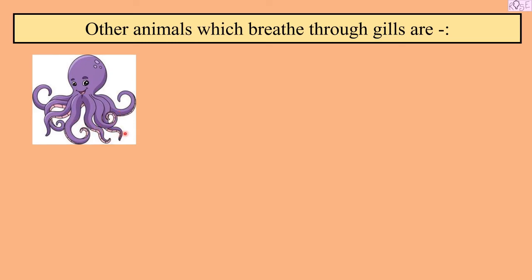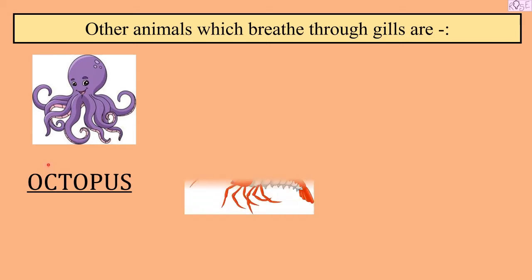Yes, 8 legs, and it is an octopus. So octopus also uses gills to breathe because it also stays underwater, just like fish. They do not have lungs.